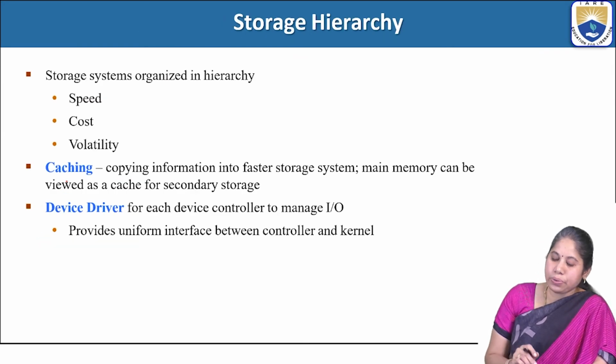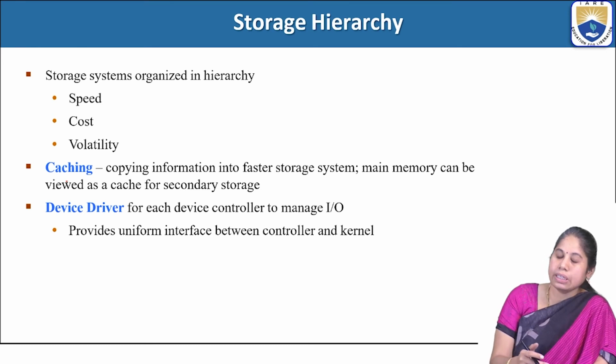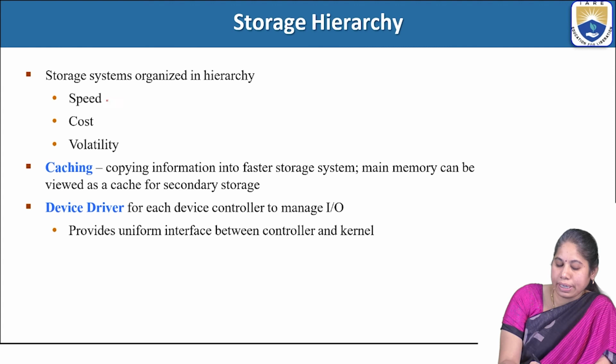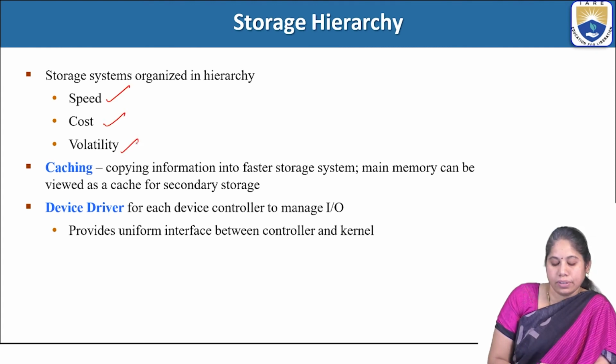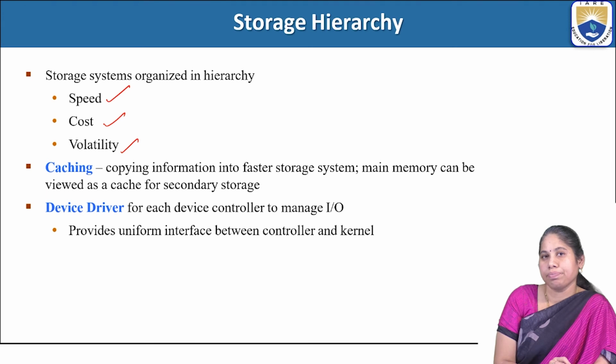So how does the storage hierarchy work? What are the parameters involved in that hierarchy? We will look at the speed, cost, volatility. Right? So caching, while the storage system is organized in this hierarchy. Caching is copying the information into a faster storage device. You may observe that the browser information is stored in a cache memory.